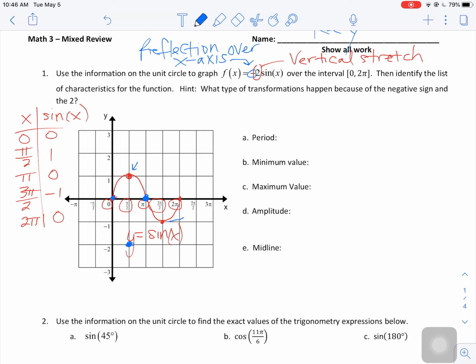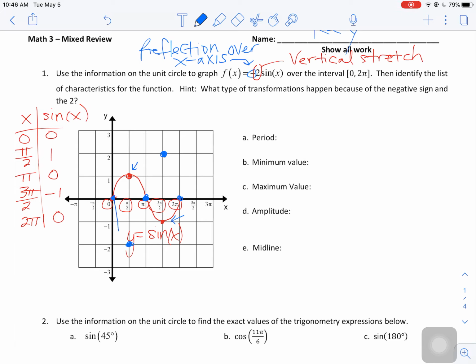Next point right here is 3 pi over 2, comma negative 1. So I am going to multiply negative 1 times negative 2 to get positive 2. So I'm basically flipping over the x-axis, and now it's getting taller because of the vertical stretch. And then that last one, 2 pi, comma 0, should just stay put.